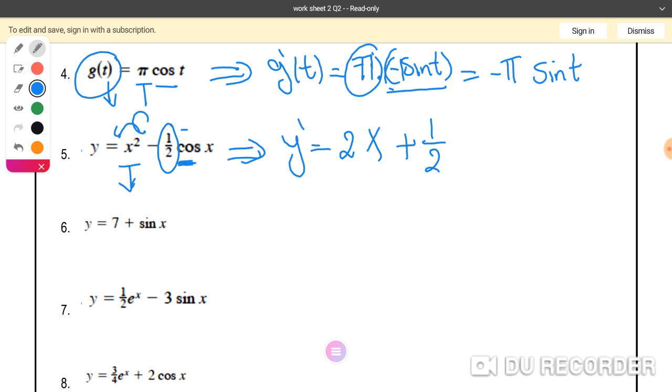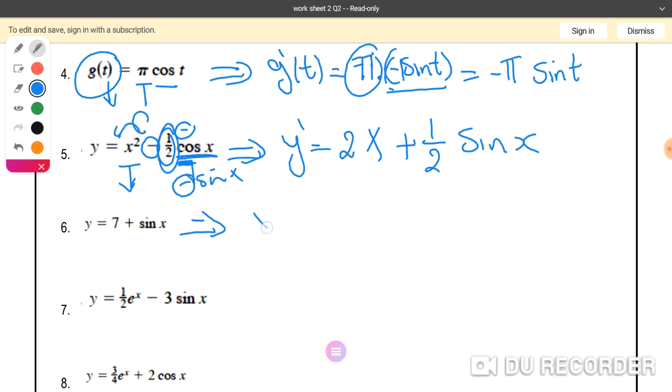What is the derivative of cosine? As I told you, negative sine, but okay, negative minus negative will be plus sine x. Again, the half multiplies the derivative of this one, negative sine x. But already we have minus, so it will be plus.